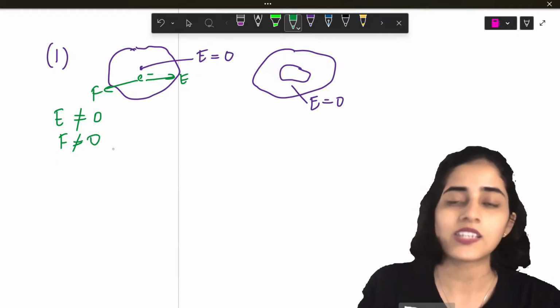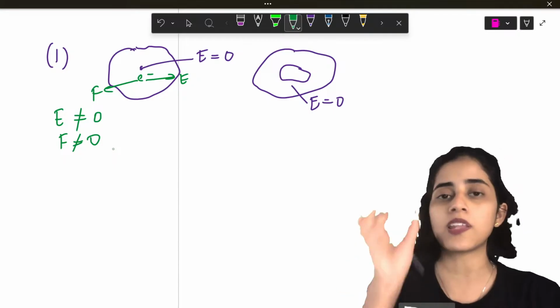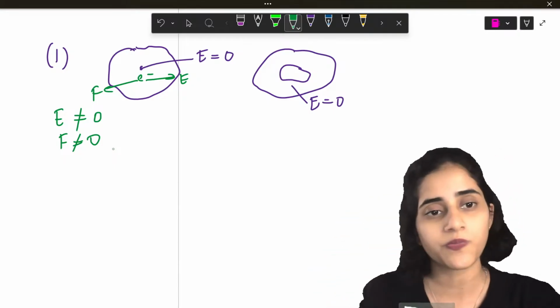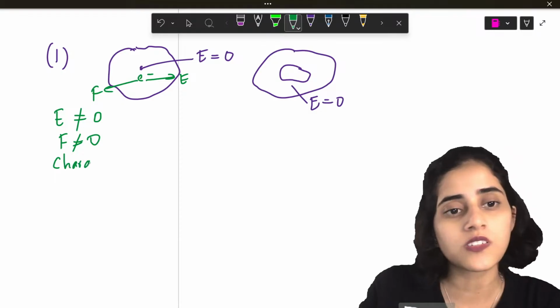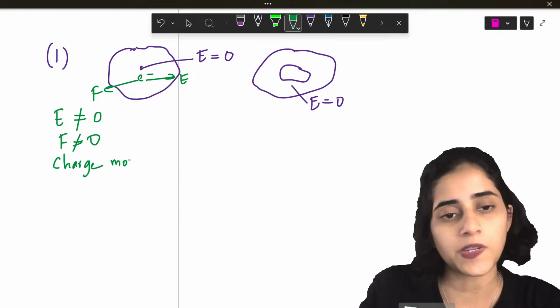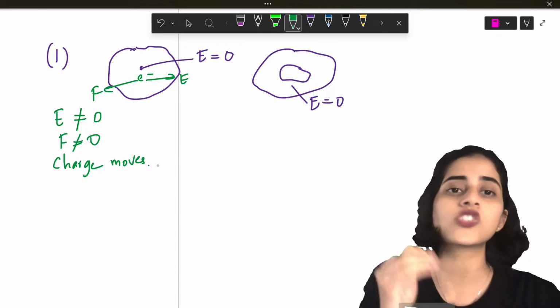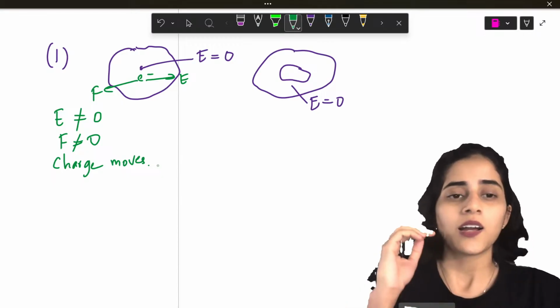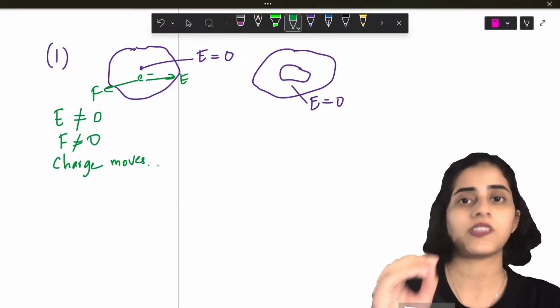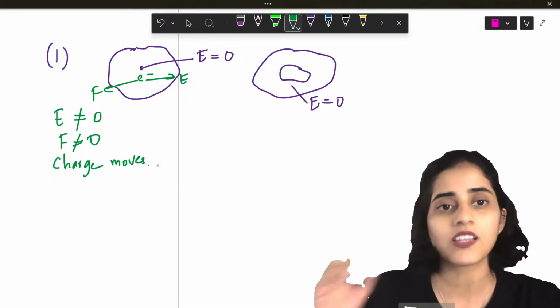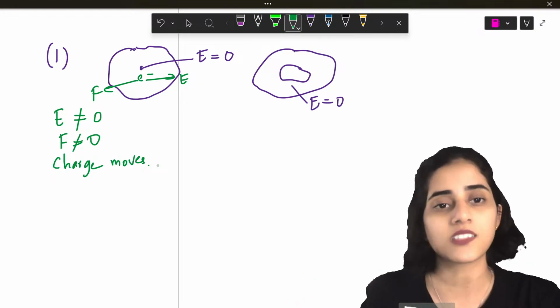That means whenever a charge experiences a force, the charge moves, isn't it? But we know that inside a conductor, according to electrostatics, all the charges are at rest.